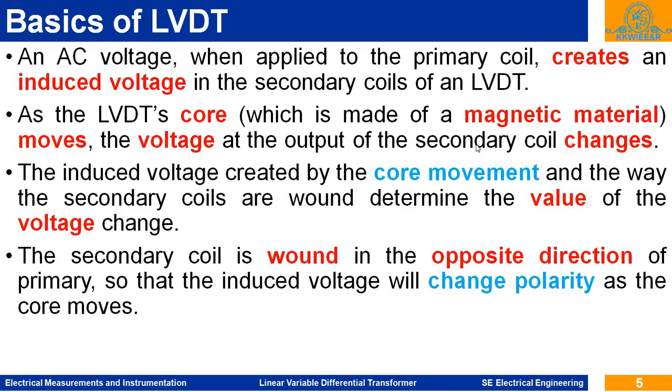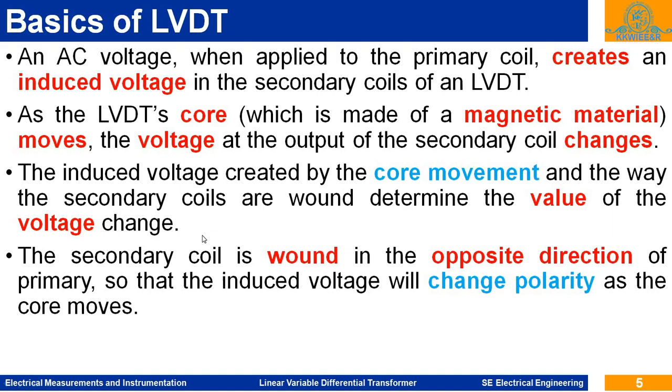As the core moves, a voltage proportional to the displacement of the core is induced in the secondary coil, or there is a change in the voltage with respect to the movement of the core. The induced voltage created by the core movement and the way the secondary coils are wound determine the value of the voltage change.